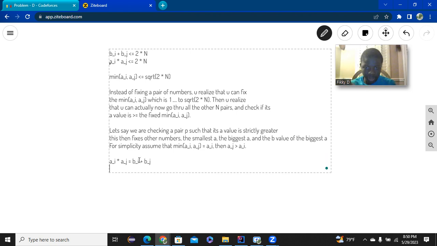Without loss of generality, just assume this. It doesn't matter where these numbers go.